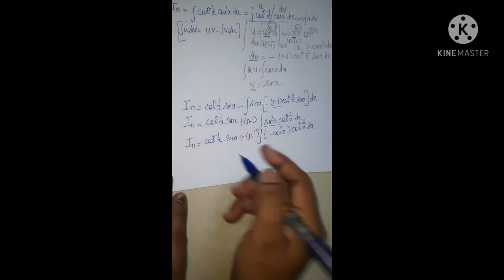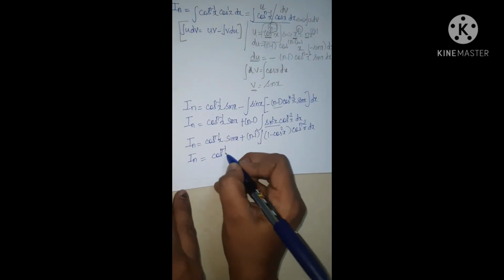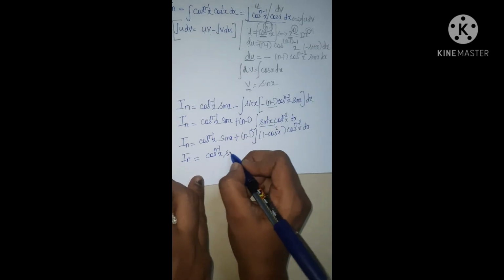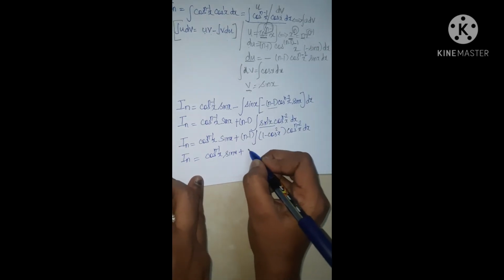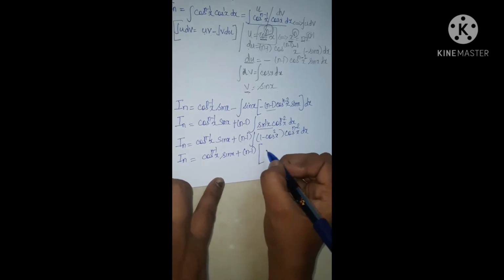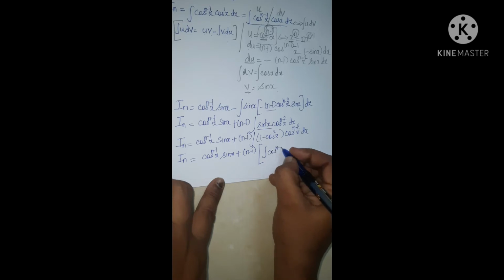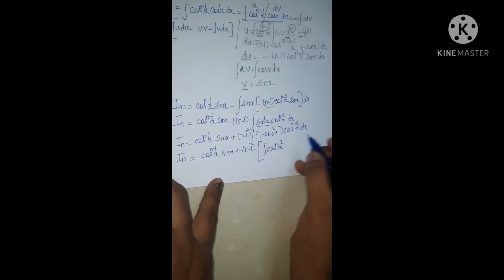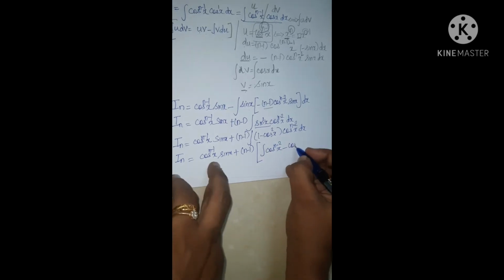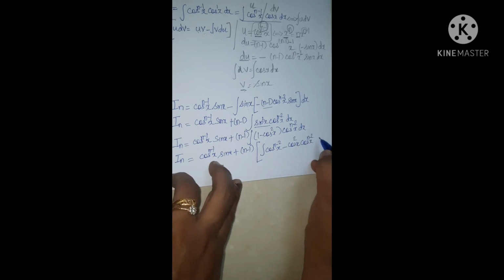So that we can simplify further. I_n = cos^(n-1)x sin x + (n-1) of, open a bracket. This will give us 1 into cos^(n-2)x minus cos^2 x into cos^(n-2)x dx.